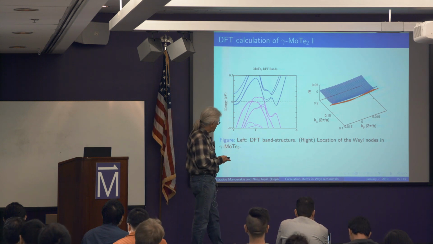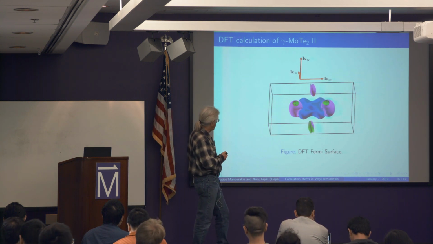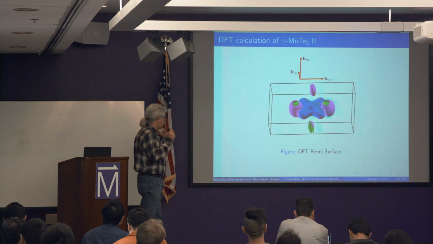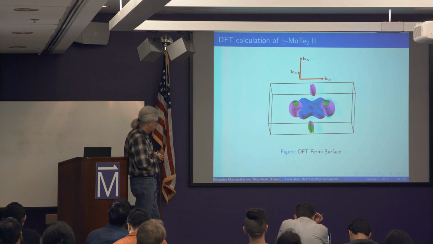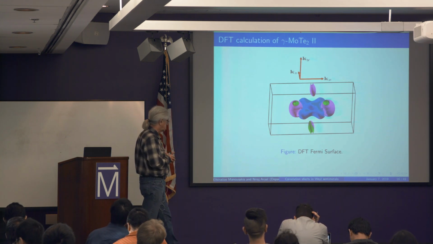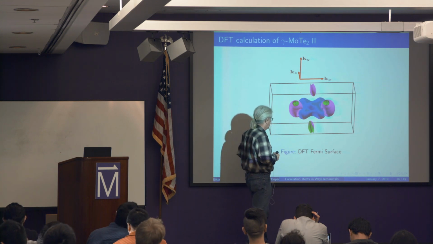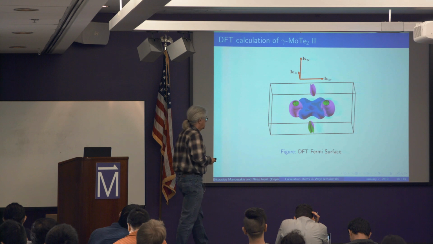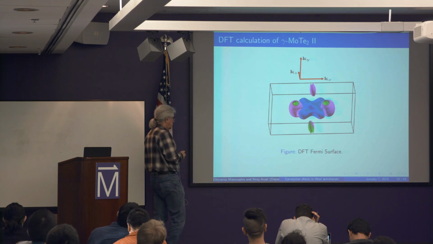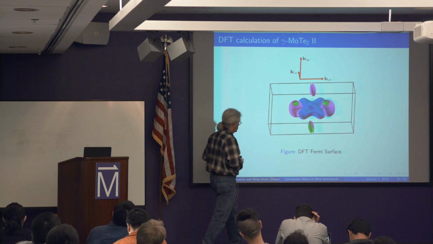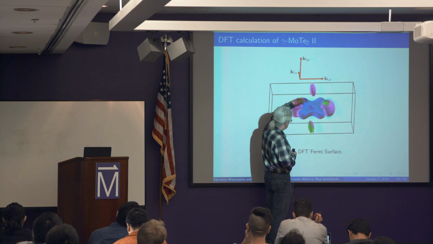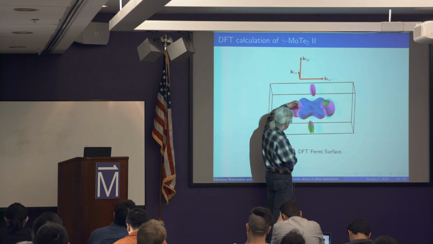Okay. Thank you. And so this is the DFT Fermi surface. Looks complicated. It has electron pockets, which are these purple ones, and the holes in this graph are these bluish ones. But it's more complicated because it's like Russian dolls. Within this, there are more Fermi surfaces.